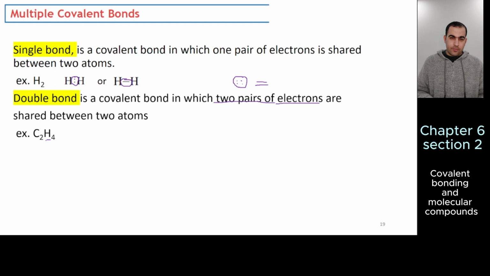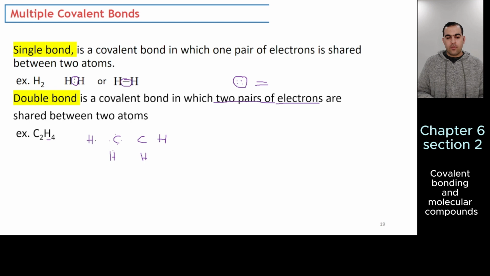Which one is central, carbon or hydrogen? Carbon. Carbon is always central. We have 2 carbons, so both of them are going to be central. We have 4 hydrogens. Each carbon is going to be surrounded by 2 hydrogens. Write the electron dot notation.